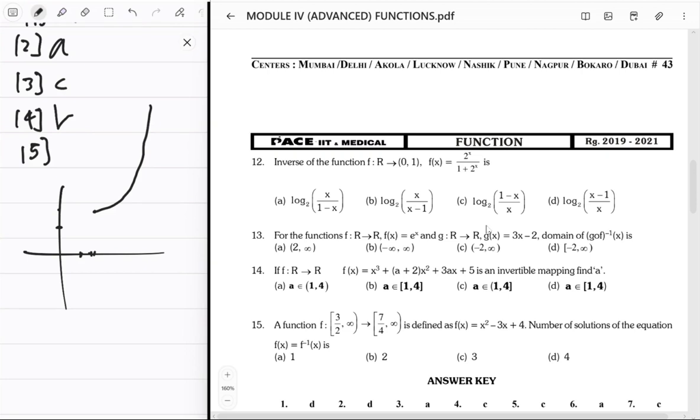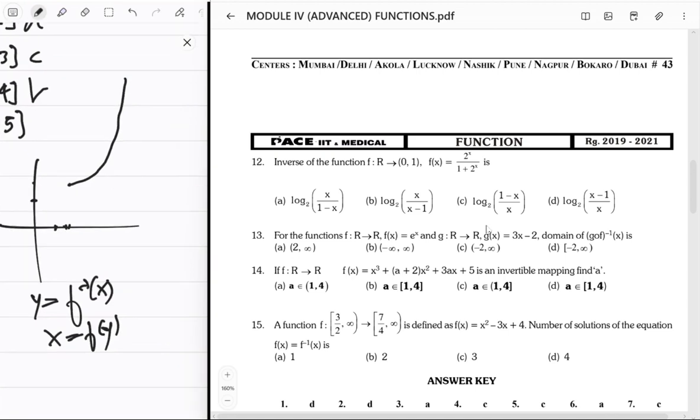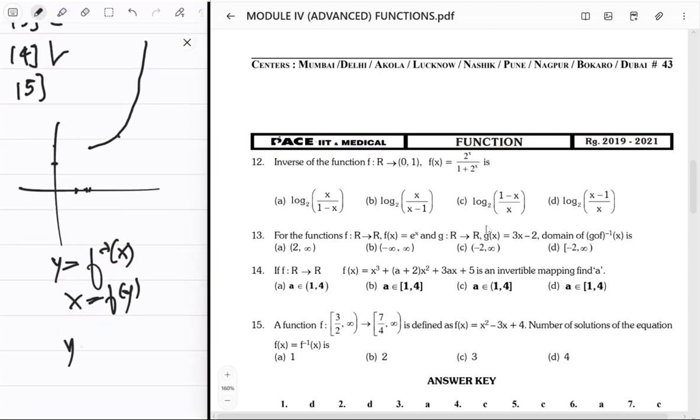What about f inverse of x? Whenever you have the graph y equal to f inverse of x, that's basically saying x is equal to f of y. So just switch the places of x and y. Isn't that right? Just take a reflection basically. So you've got some point x naught, y naught on this, by this equation y naught is equal to f of x naught.